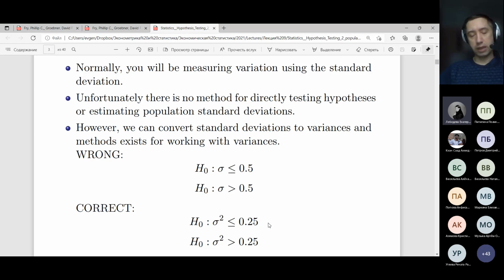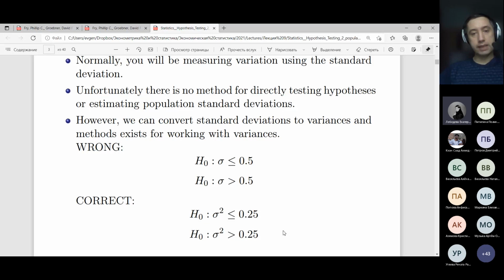And as usual, we have to use two hypotheses. Again, remember, when we compare standard deviations with a single number, always rely on variances. In fact, you compare variances. And from this moment, I will mostly use the word variance instead of standard deviation for simplicity.